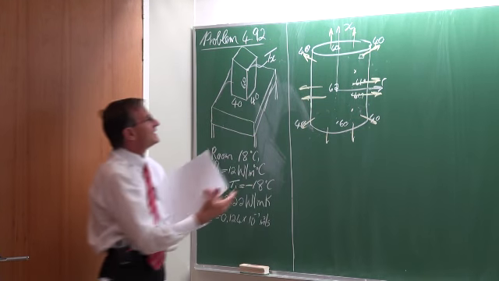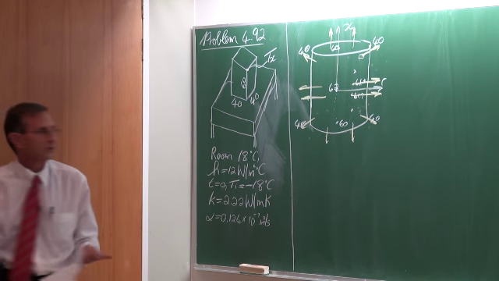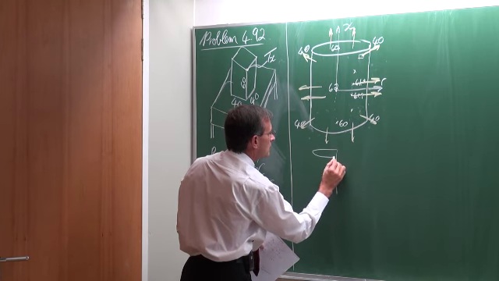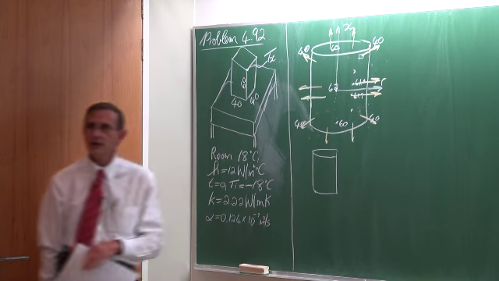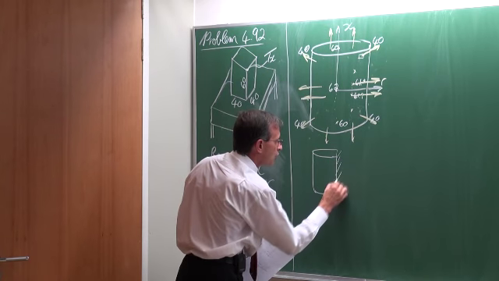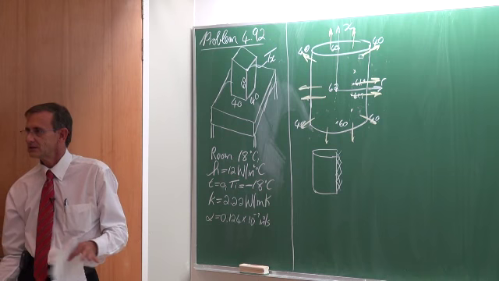So, if we look at it carefully, we can see symmetry along two lines. The one line would be like that. Okay, do you agree? What does it mean? It would be the same as a problem where that surface is insulated.